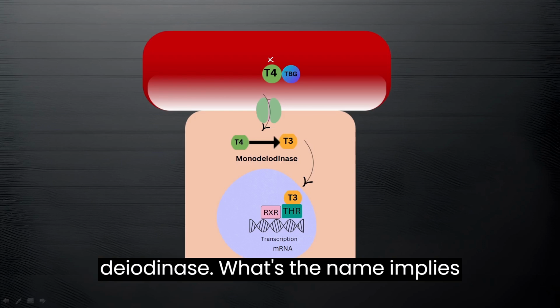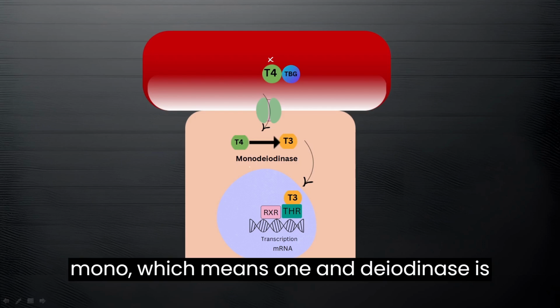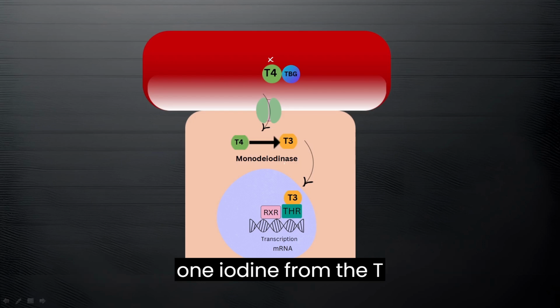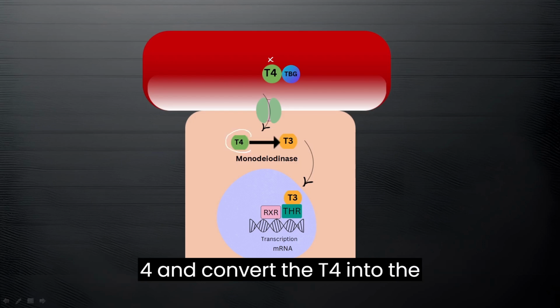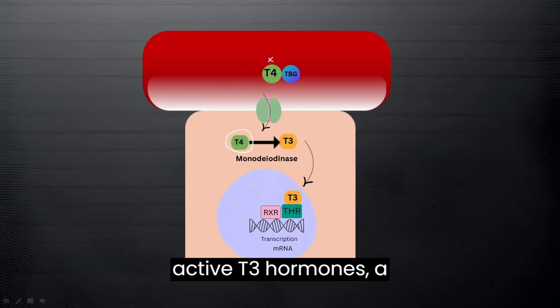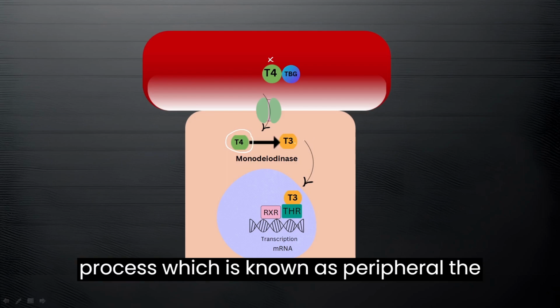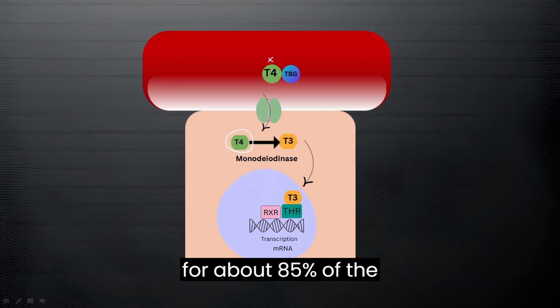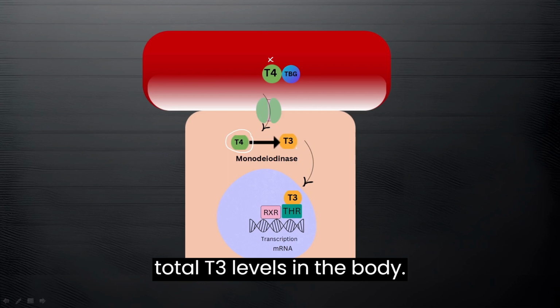As the name implies, mono means one, and deiodinase is to remove. So there is the need to remove one iodine from the T4 and convert the T4 into the active T3 hormone, a process which is known as peripheral deiodination.